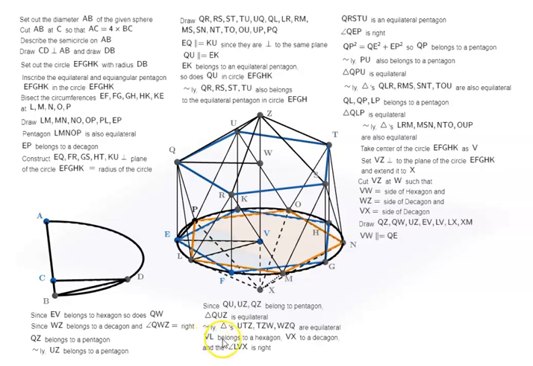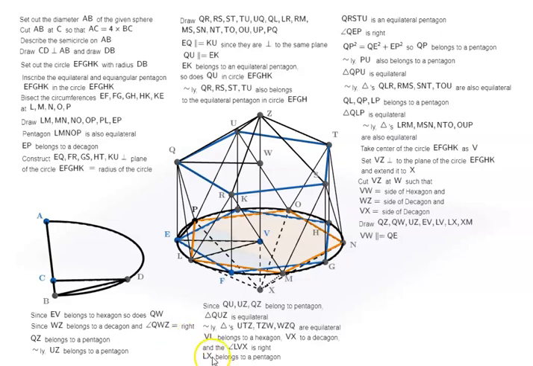Now, VL belongs to a hexagon. Where is VL? L here. And VX belongs to the decagon, and the angle LVX is a right angle. Remember, LV is perpendicular to VX. So that's why it is a right angle.